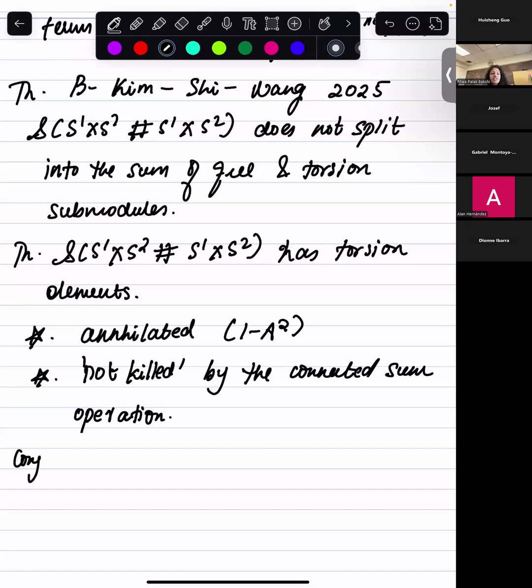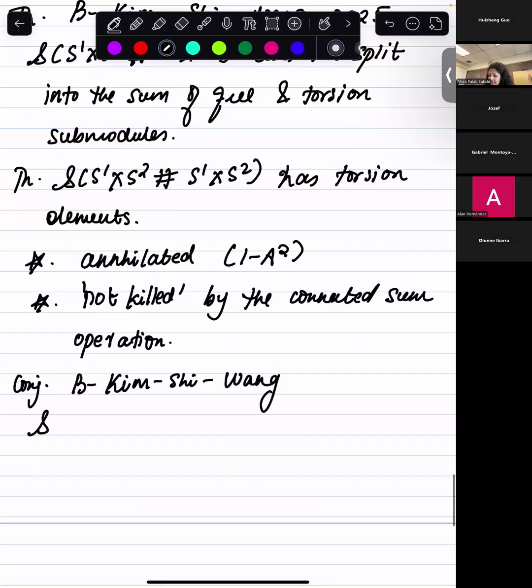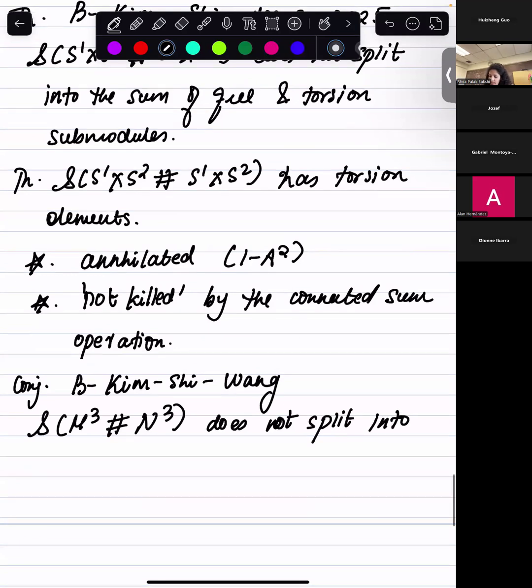And therefore, now we have ample evidence for this conjecture. We conjecture, and this is something that we're currently working on, that the Skein module of two closed oriented three-manifolds over the ring of Laurent polynomials does not split into the sum of free and torsion modules.